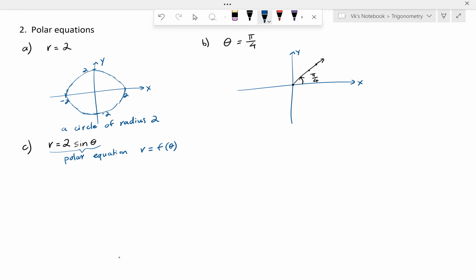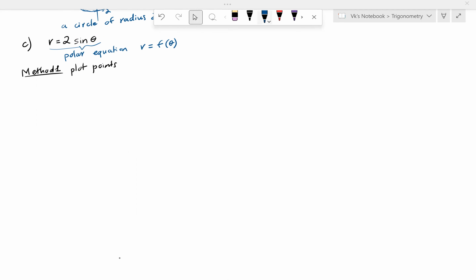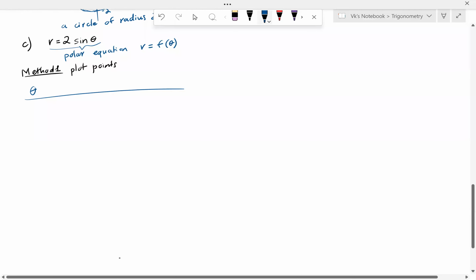To sketch this, we need to plot points. So method 1, plot points. We have r equals f of theta, so theta and r.